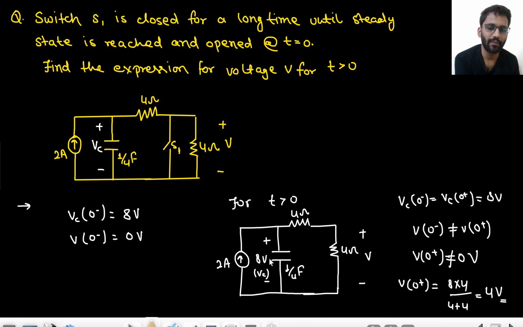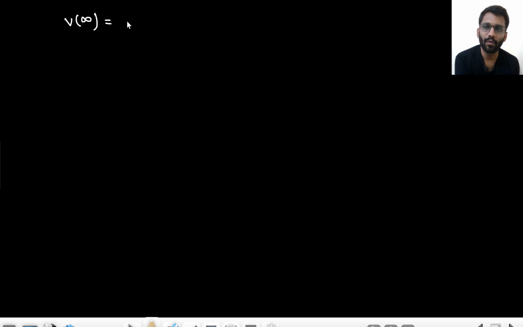Okay, and what will be the value of V infinity? At steady state, the capacitor will be open circuited. So this complete 2 ampere current will be flowing through the resistor. So V infinity would be 4 into 2, that means 8 volt. What about VC infinity?